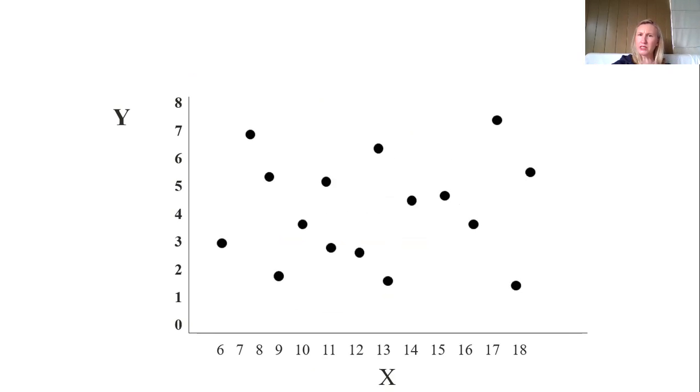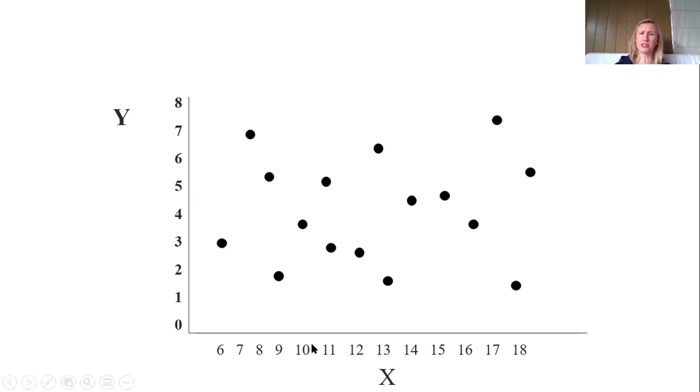Now, what if we had points like this? This is what we would call a scatter plot, where we put all of our data points on a single graph. By looking at these points, can you, with any certainty, draw a line, either upwards or downwards, that includes most of these points? I don't think I can. If we see a graph like this, we can say we don't think that there is a correlation between x and y because they're not grouped around similar numbers.